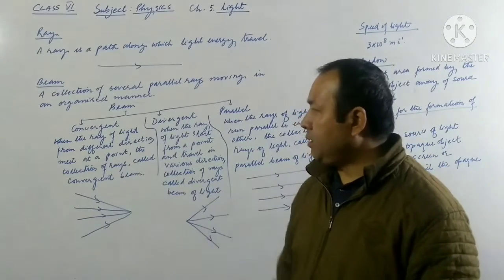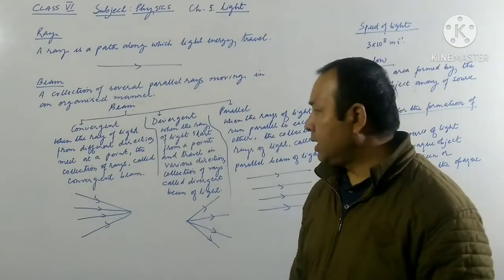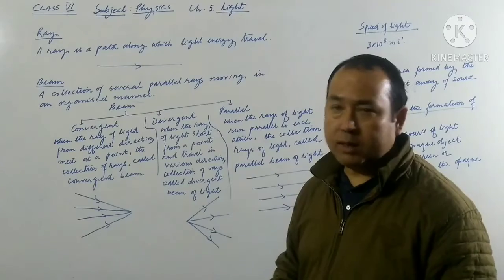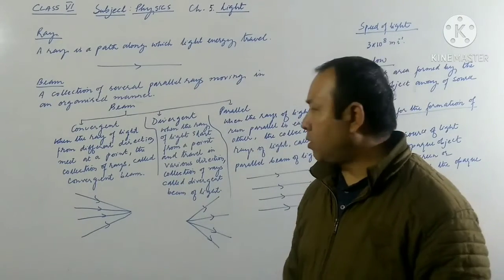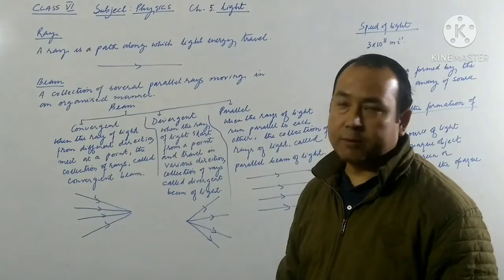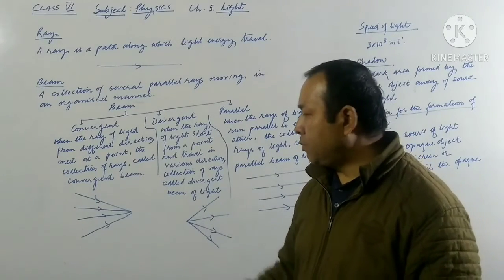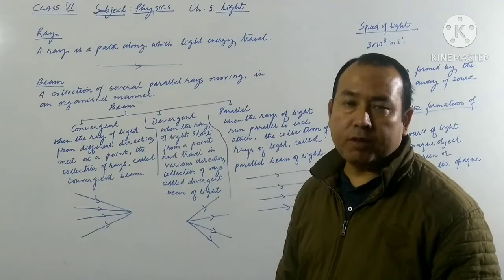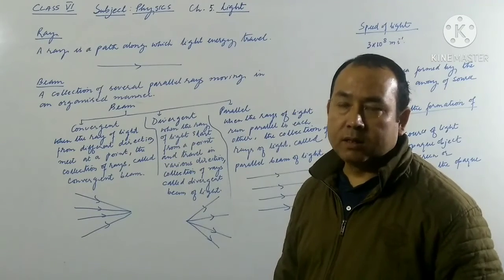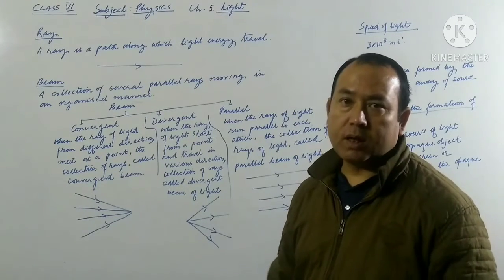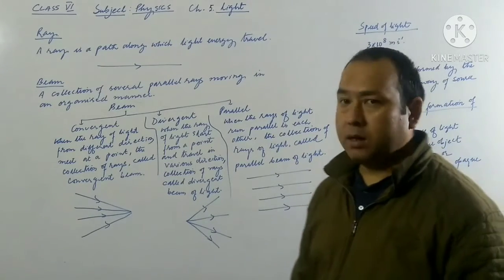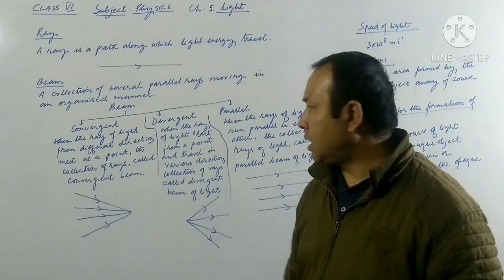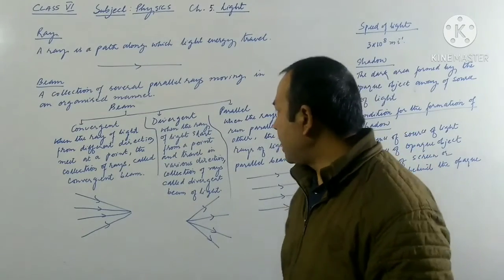When the rays of light from different directions meet at a point, then that collection of rays of light is called a convergent beam of light. So here the rays from different directions are meeting at a point, and such a collection of rays is usually called a convergent beam of light.